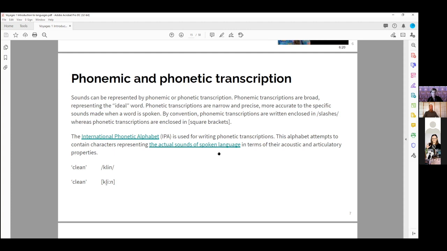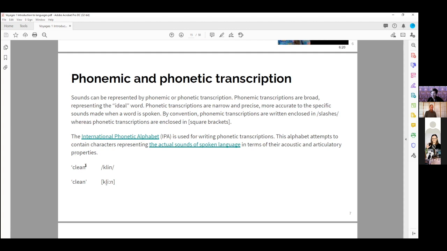You can write down the sound as it was spoken, or the phoneme that it corresponds to. The standard way of doing that is the International Phonetic Alphabet, IPA. In this course, you don't need to learn IPA, but if you're going to be working in this field, it's useful to be familiar with it.